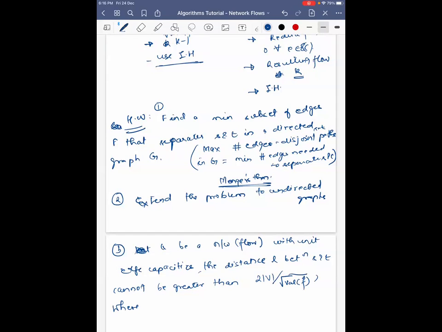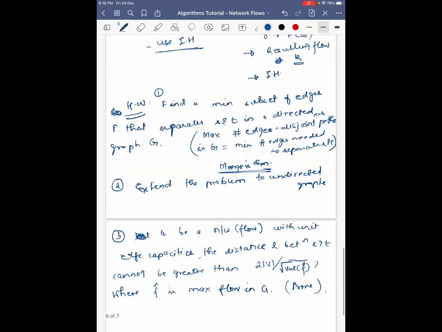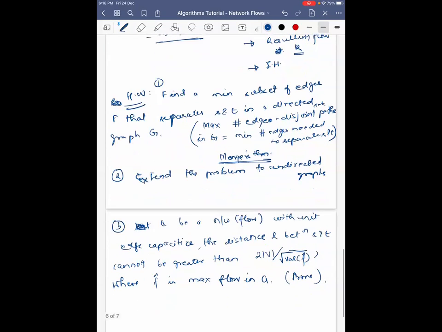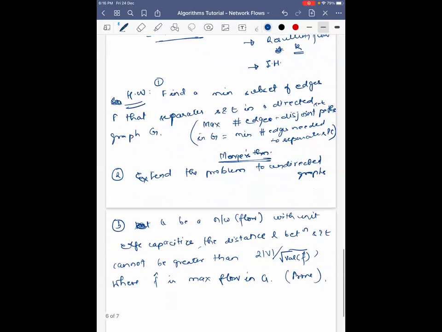Vertices, sorry, where f hat is the maximum flow in G. Prove it. Okay. So the distance is just the regular distance with no weights, right? Yeah. Okay. Yes, it's the number of edges, not the weighted distance. Right.